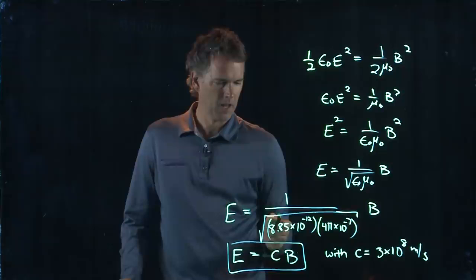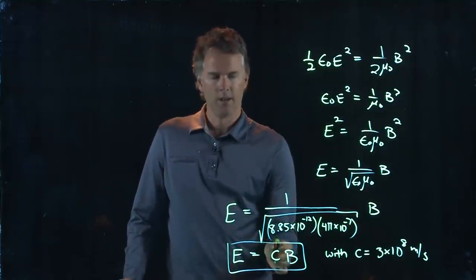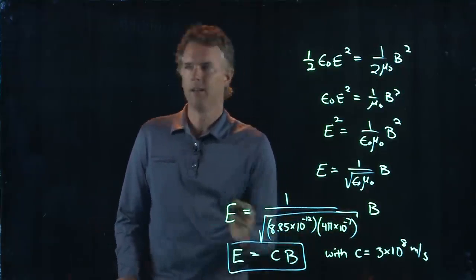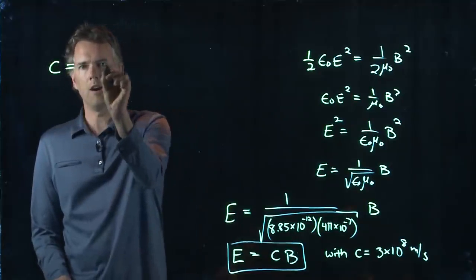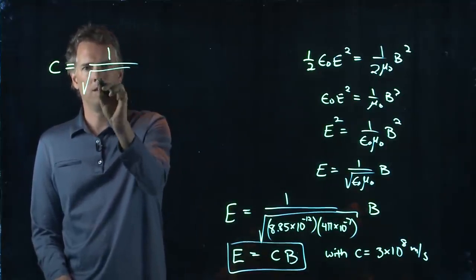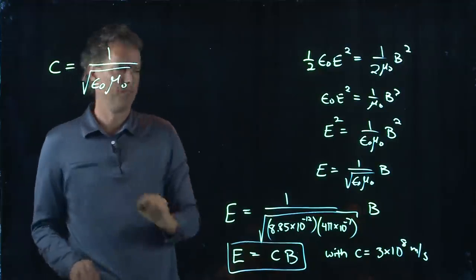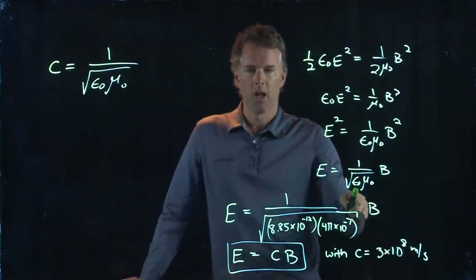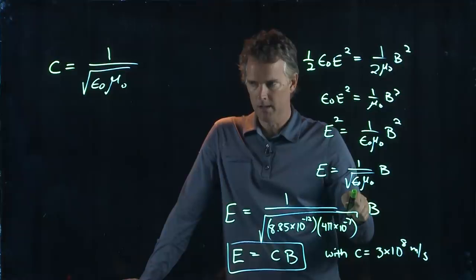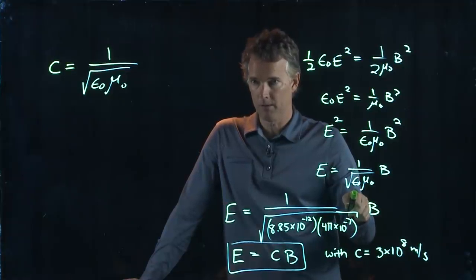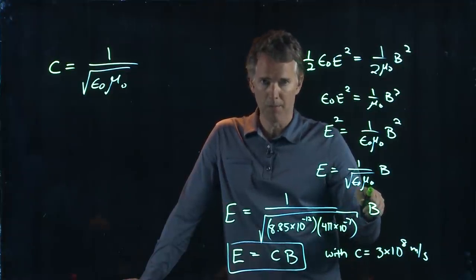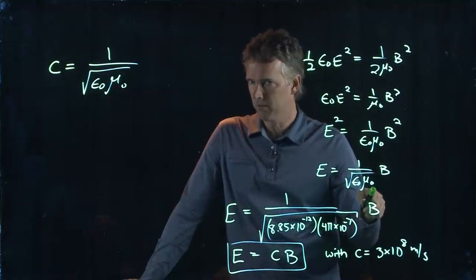That's right. So this is kind of cool, right? C, the speed of light, came about from that. You take those electric experiments that you did and you figured out what epsilon naught was. You did some magnetic experiments and you figured out what mu naught was.